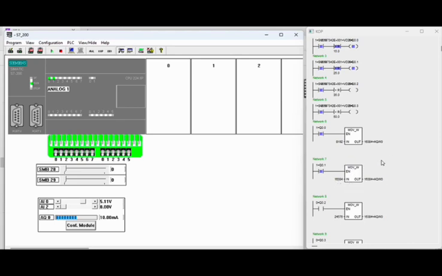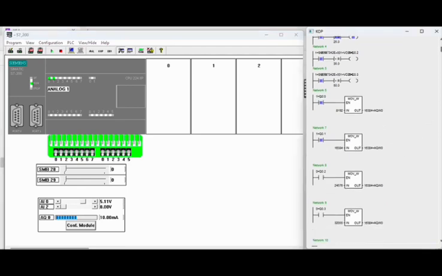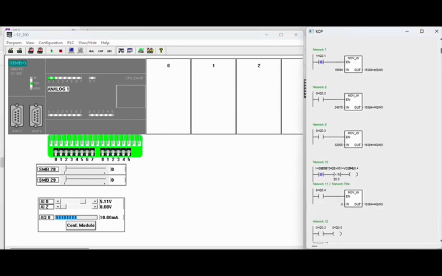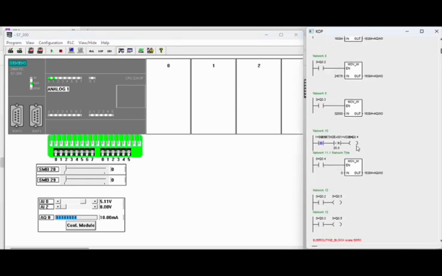So now we have low and medium light indicators turned on. Definitely the empty level indication is off. And then pumps 1 and pumps 2 are still off at medium level.